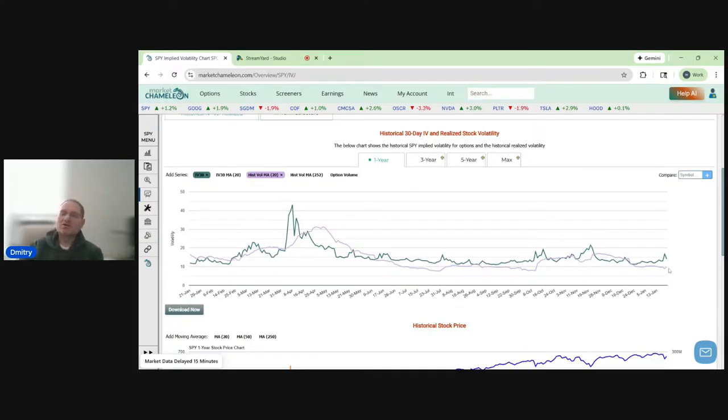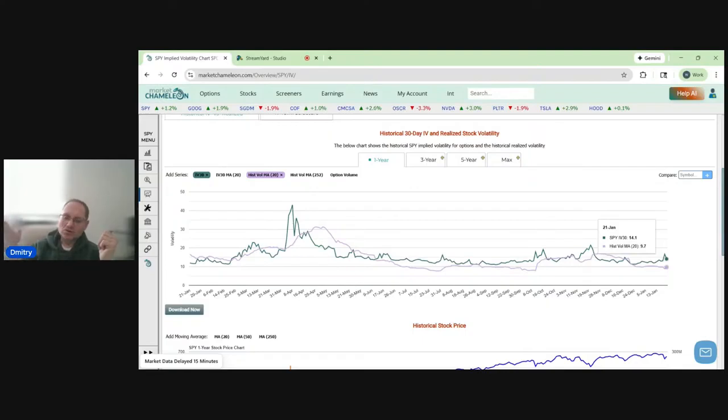So now we have the current implied volatility versus the last 20 days. If we hover over it, you could see that while SPY right now, the IV30 is 14.1, that implied volatility suggests that we're going to see SPY move at a higher volatility than we did in the last 20 days, which is 9.7.